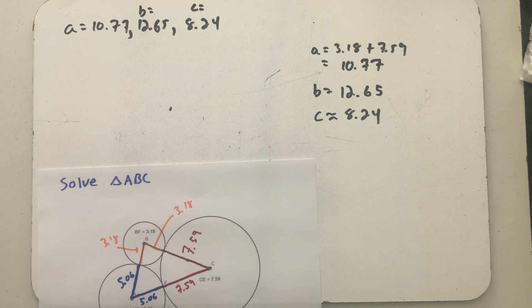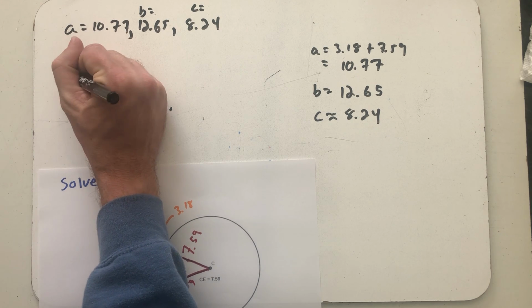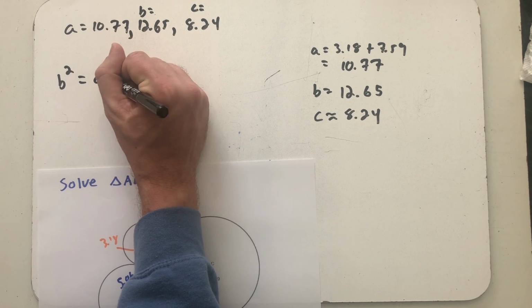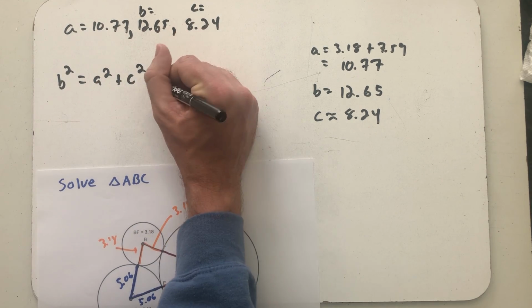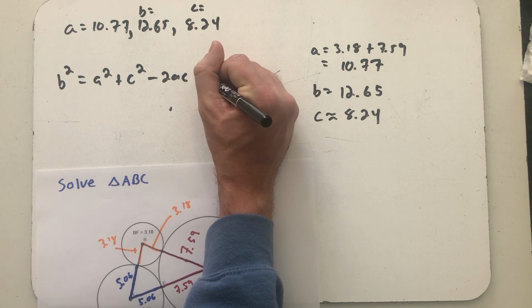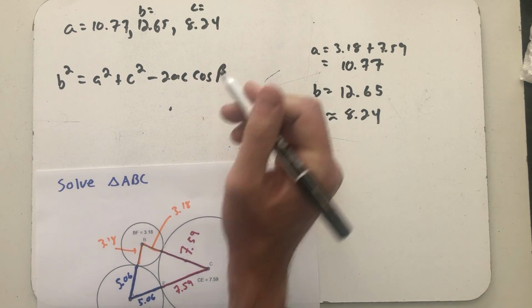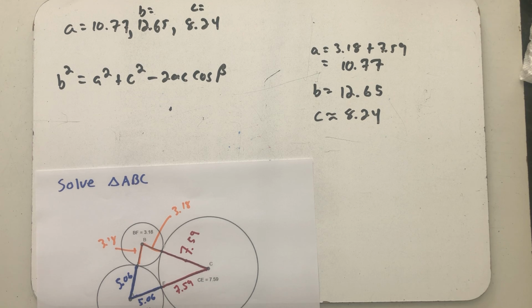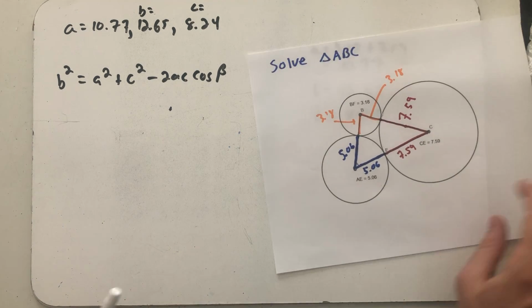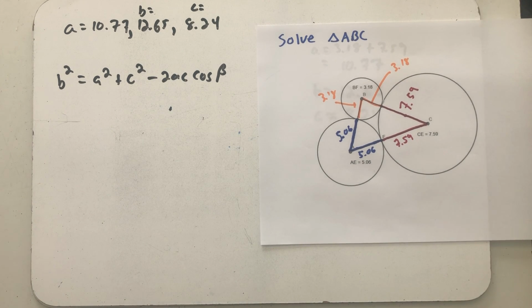All right, so I need to know the law of cosines written down if I'm going to try to find that. So that's going to start with b squared is equal to a squared plus c squared minus 2ac cosine of that angle beta. Let's plug in stuff where it goes, and we'll be well on our way to solving this triangle.